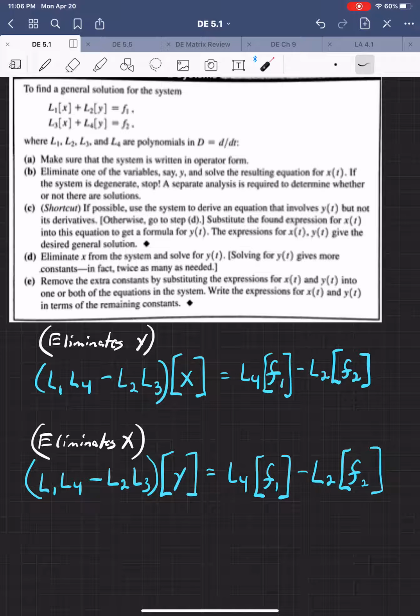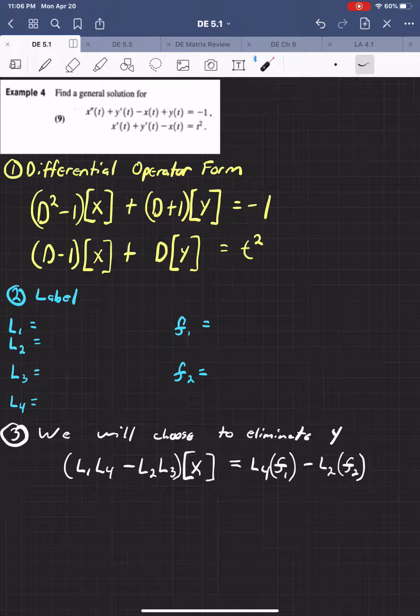That just saves us time at the beginning. We still won't know what y or x is, we've just eliminated one of them. We still have to go through our method of undetermined coefficients to actually figure out what it is. Let me walk you through this example.